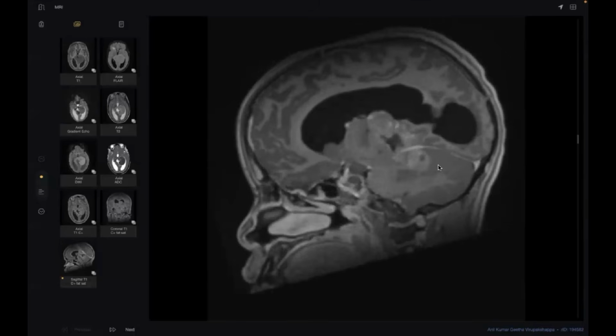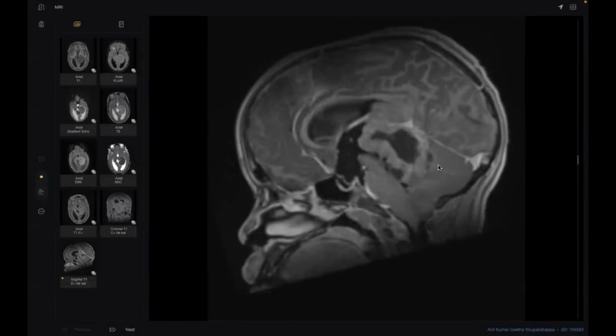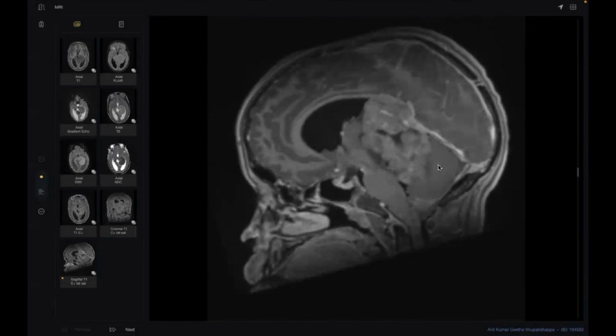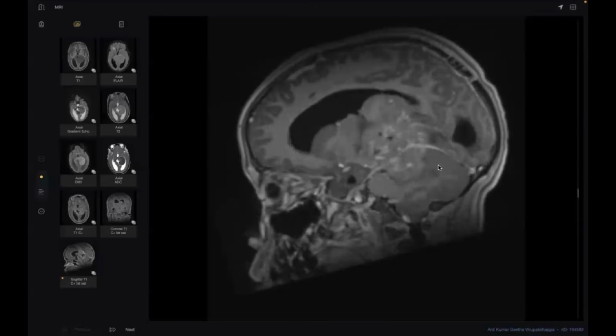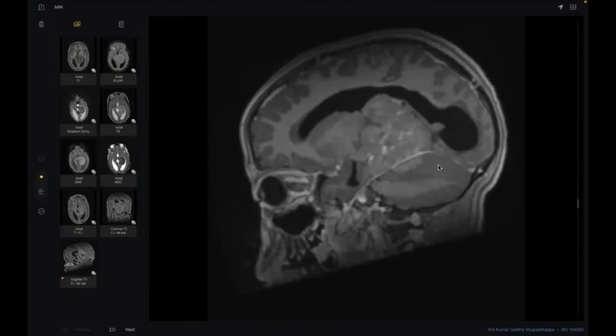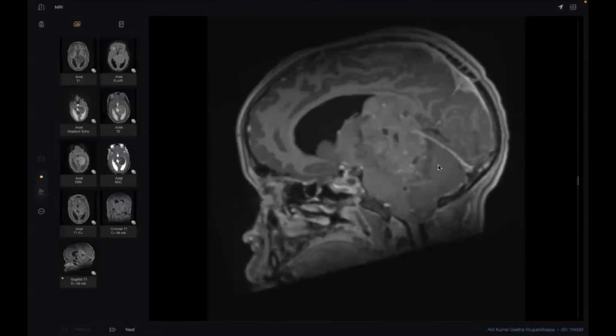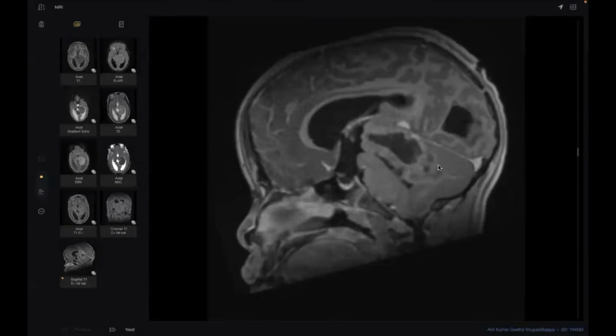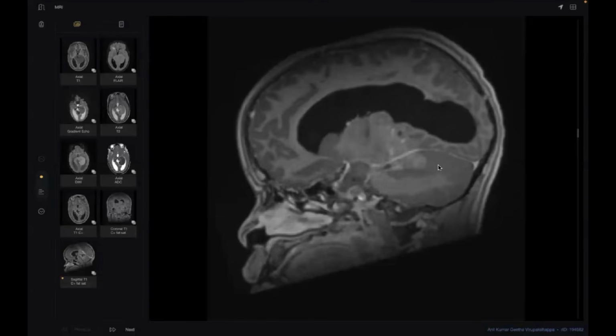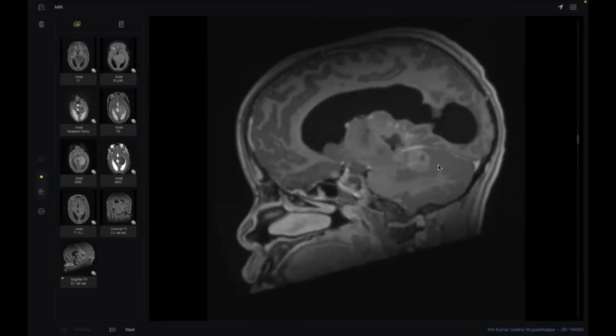Mainly, it seems to be arising from the tectal plate. So is it intraventricular or extra-axial? My first impression was that it is intraventricular, but now I was confused about the origin of the mass.